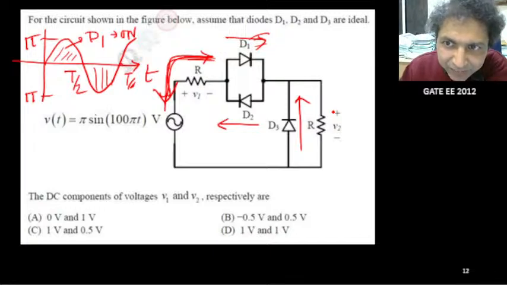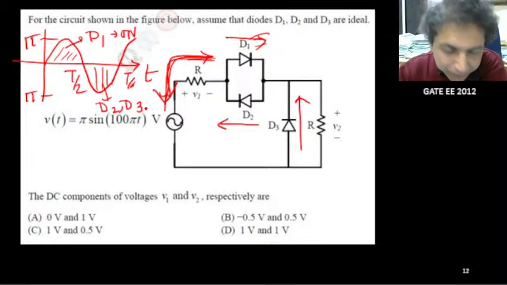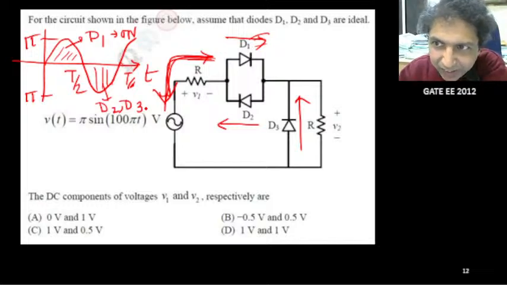Means for the negative half, both diodes D2 and D3 are on. Am I correct? First half only D1 is on, second half D2 and D3 both are on.